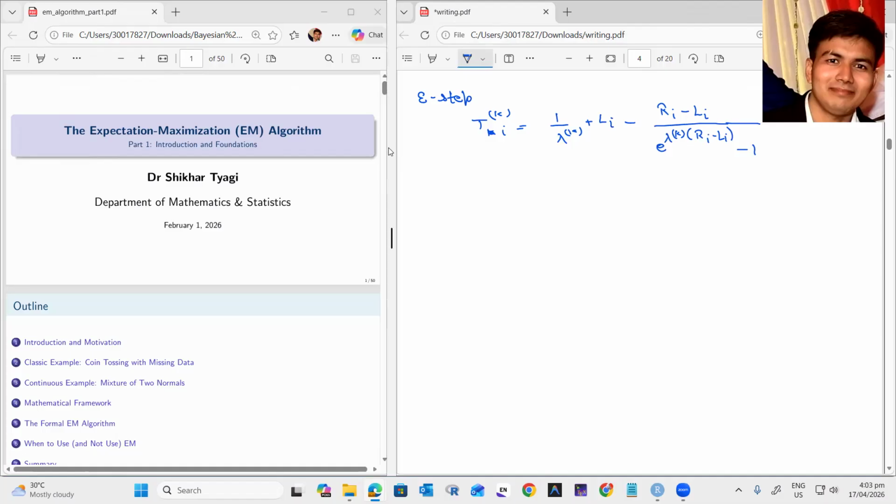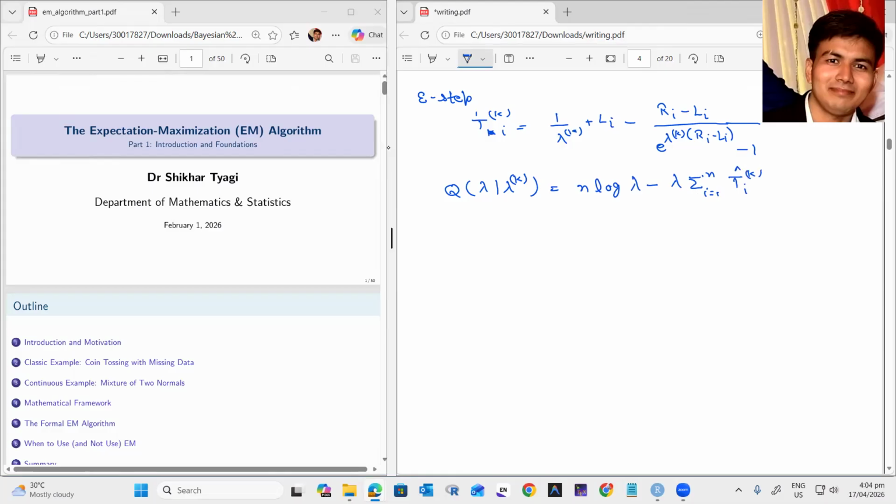Correspondingly, the conditional expectation function, Q of lambda given lambda at the kth iteration, was n log lambda minus lambda times the summation over i goes from 1 to n of Ti cap at the kth iteration.